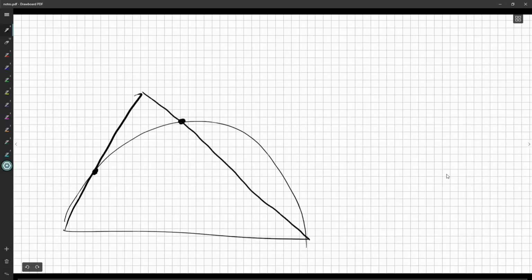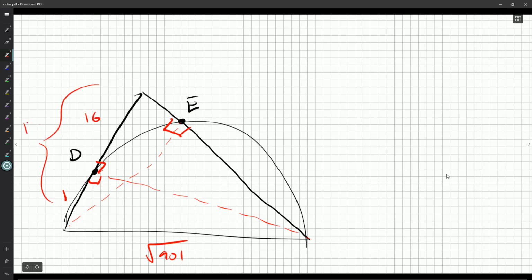The thing that catches my eye is D and E are on the semicircular arc, which means if I connect them up to the other points on the diameter, we get right angles here. It splits these lines into right angles, and then I have a whole bunch of right angled triangles that I can play around with. So we've got a 1, a root 901 here, and a 16 here, which means in total we've got a 17 for a hypotenuse for BA. And I think there's just going to be a lot of Pythagoras here.